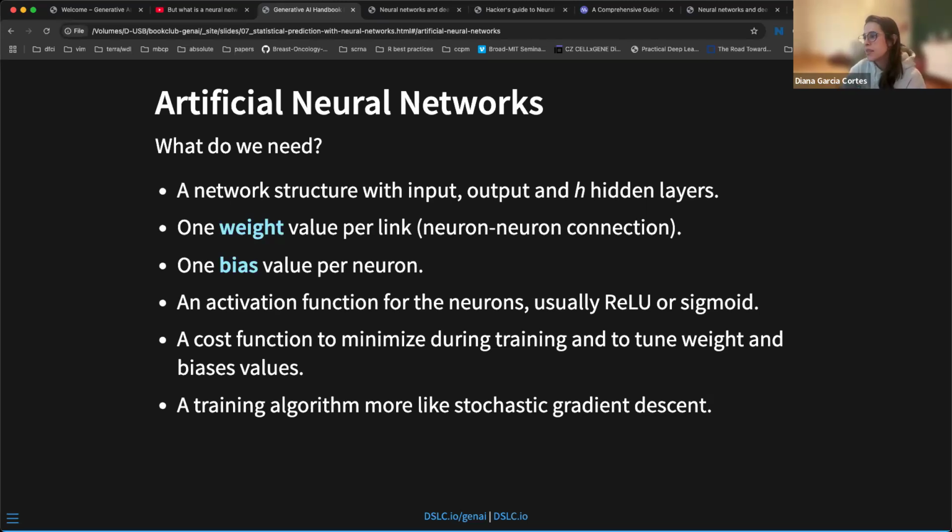Usually that's gonna be either a sigmoid function or the ReLU function. We're gonna need a cost function, and that's the function that we're gonna minimize during our training. That process of minimizing the cost function is gonna help us find or tune our weights and our biases. And to actually do that, we're gonna need a training algorithm.